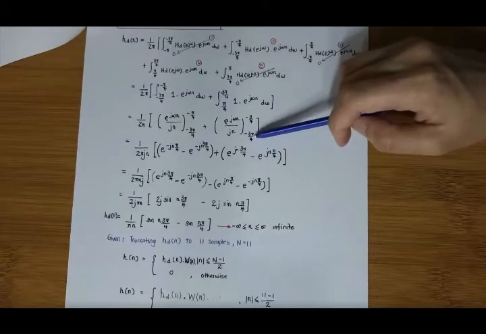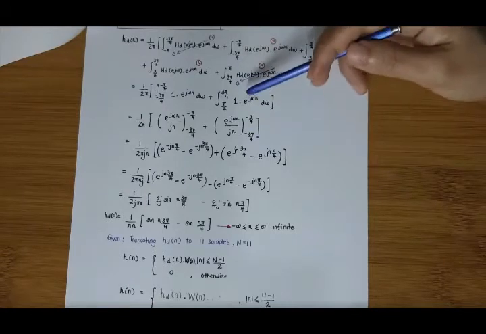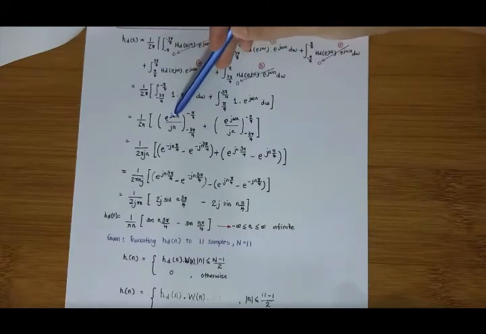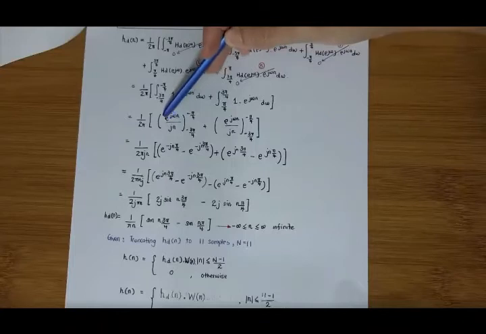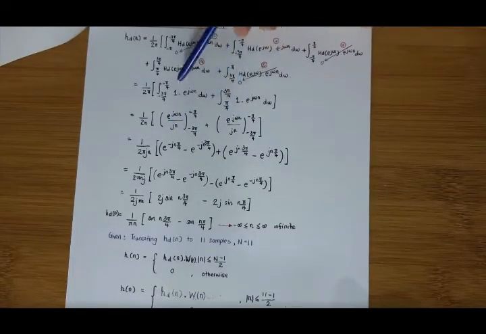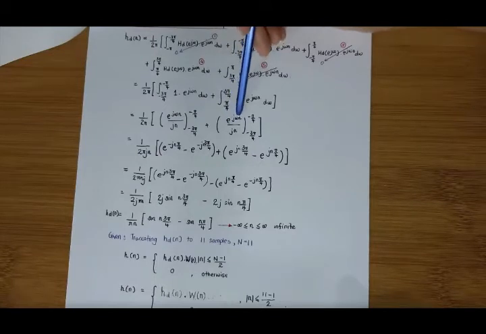Then we continue. We integrate it, we get e^(jωn) divided by jn, because the exponential has to divide. Same for the other side, part 4 also e^(jωn) divided by jn.